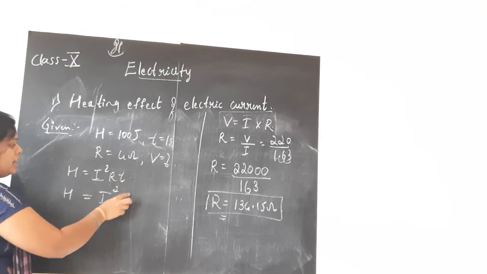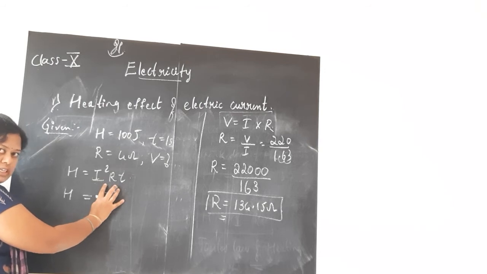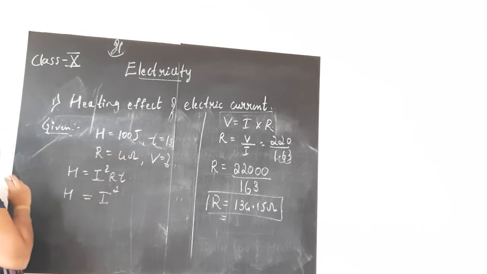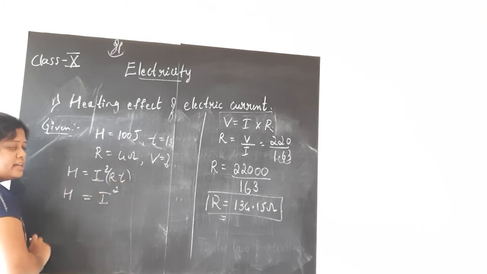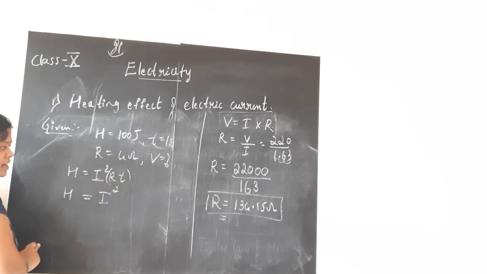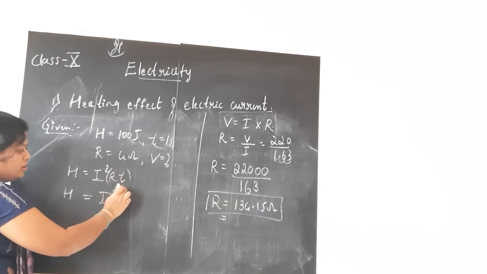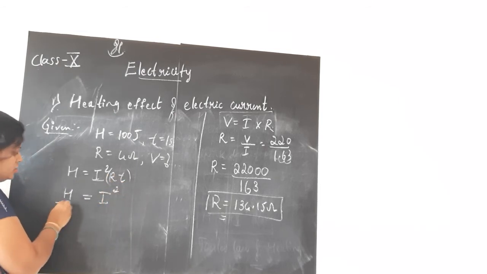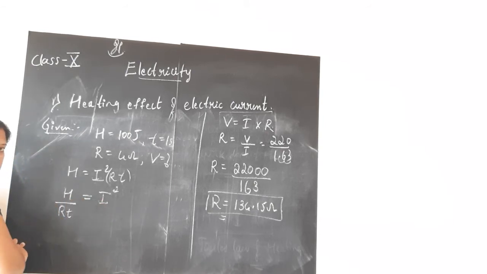I is the unknown quantity for me, so I will keep that on one side and send all other terms to the other side. The other terms are the resistance and time, R and T, with multiplication in between. When sending to the RHS, you should divide. So H divided by RT is I square we got.